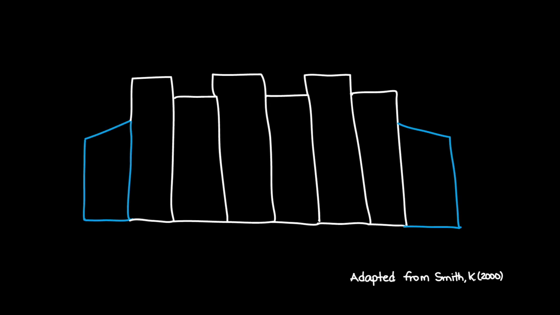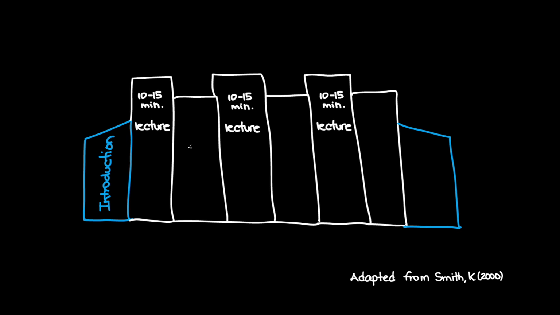One simple strategy involves structuring the lecture differently. In this strategy, we begin with introducing the topic of the lecture with a thought-provoking question or activity to spark students' interest. Rather than lecturing throughout the whole length of the lecture, we lecture in 10 to 15-minute blocks, followed by a small group activity related to that section.